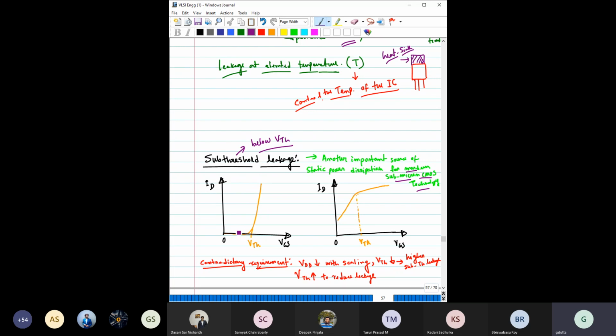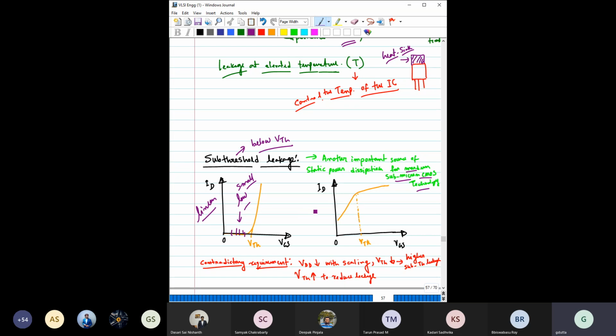Below threshold, if you plot it in a linear scale, the current is almost zero. This region current is pretty low or small, right? And that's why in our day to day calculation we estimate that below threshold voltage the current is equal to zero, but it is actually not the case.